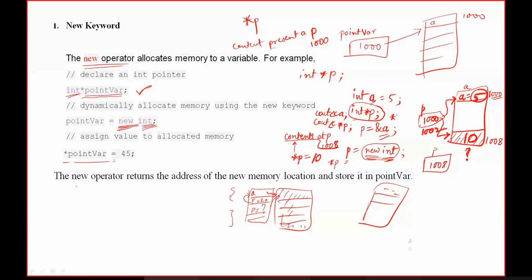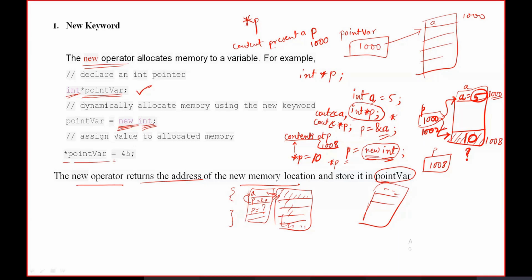So we discussed this, that the new operator will reserve some space and it will return the start address of the new memory location, and it is stored in the pointer pointvar. Okay, so this is clear.